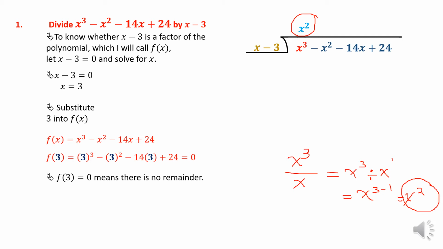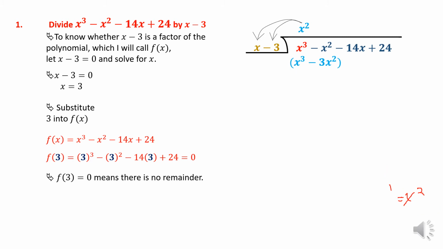Now once I have done that, I take the x squared and I multiply it with the x, and I also multiply it with the minus 3. If you multiply the x squared by x, you will get x cubed.